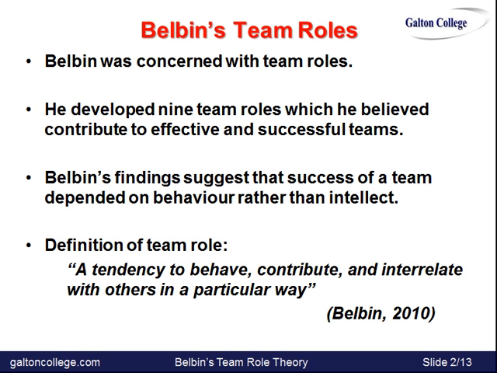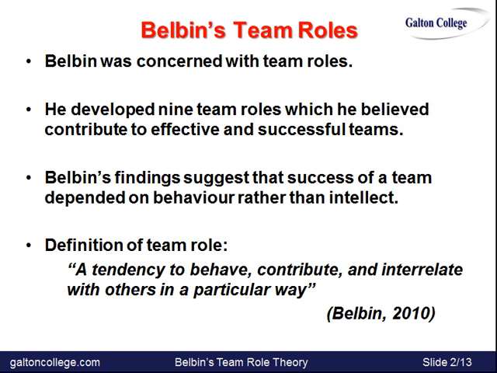So it doesn't advance us a lot, but it's just a small definition of what it is. So Belbin was interested in team roles, and he believed that it was the behavior of team members that was important. So they each performed a function.